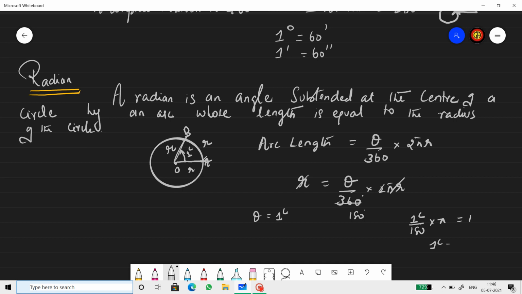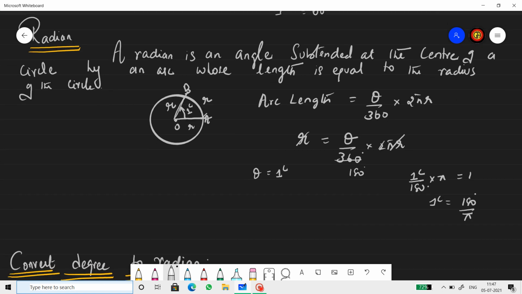So 1 radian is equal to 180 by pi. 1 radian is equal to 180 degree by pi. Okay, so this is how we convert radian to degree measures. So 1 radian is equal to 180 degree by pi, and 1 degree will be pi by 180 radian.